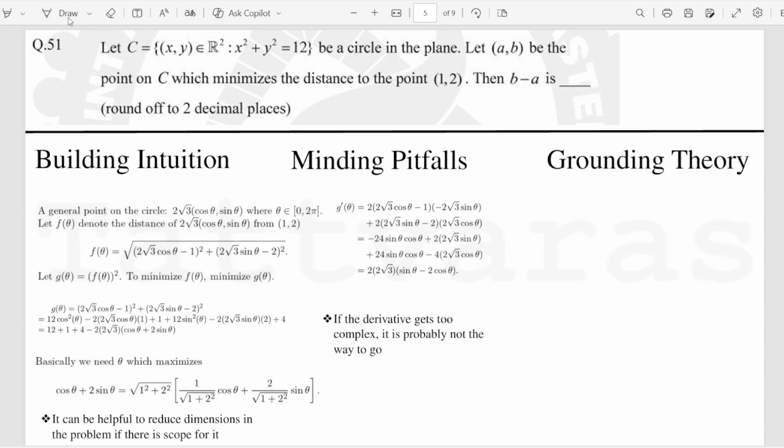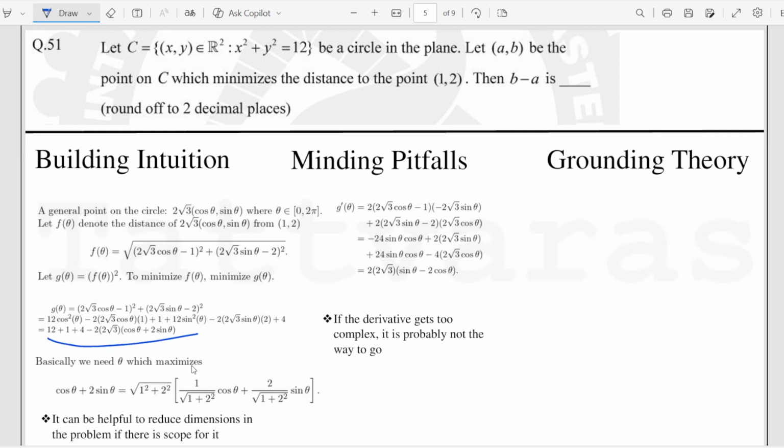And indeed, when we simplify the function, we see it is this. And this is a constant minus this thing. Now our objective is to minimize this, which would be the same as maximizing this, because the greater this quantity, the smaller the result will be, because it's a minus sign over here.